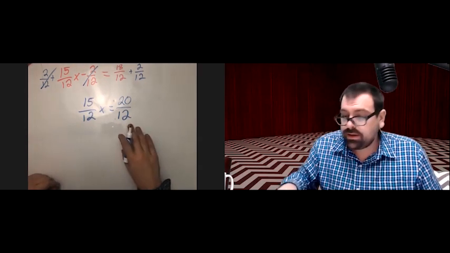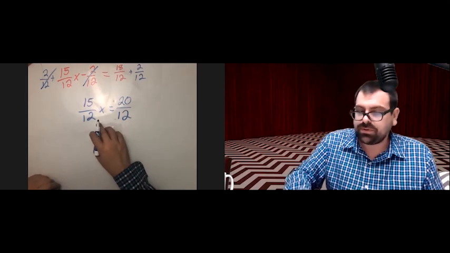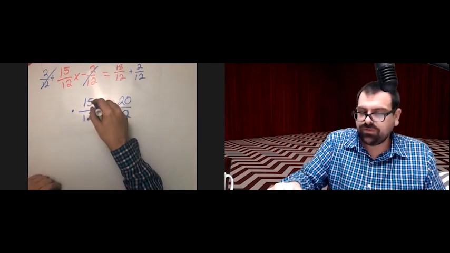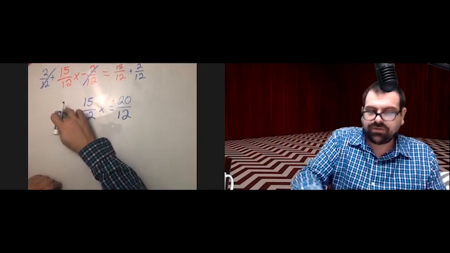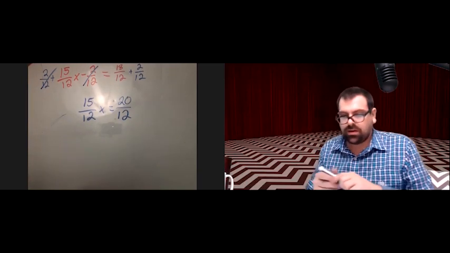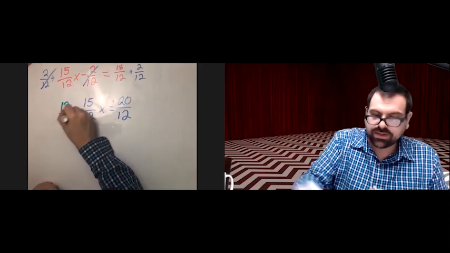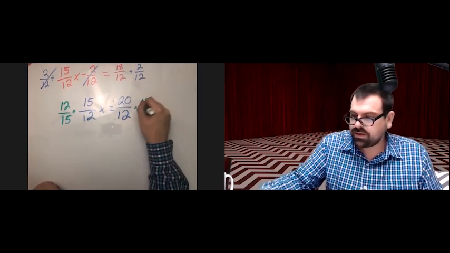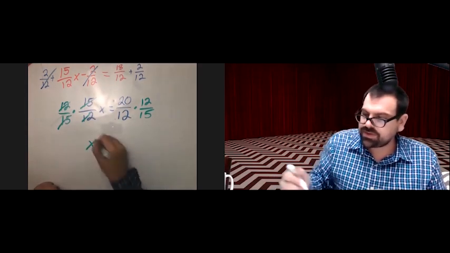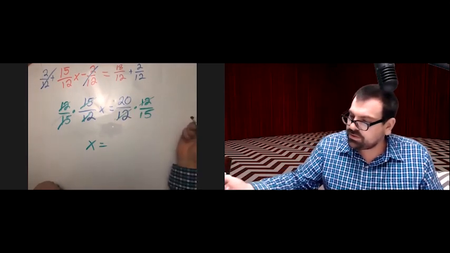We can go ahead and multiply by the reciprocal to get the X by itself. To get rid of 15/12, we'll multiply by 12/15, because that'll get rid of everything here and just leave us with X. On the right, these 12s cancel.